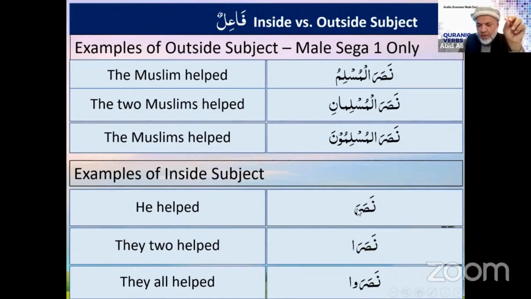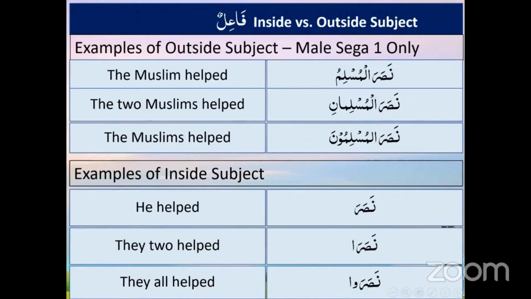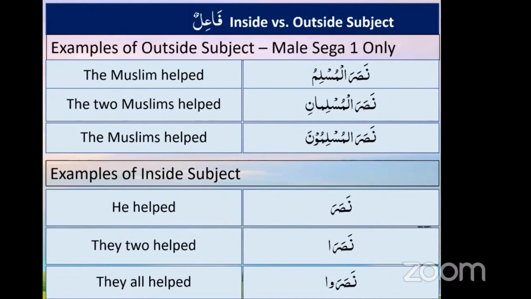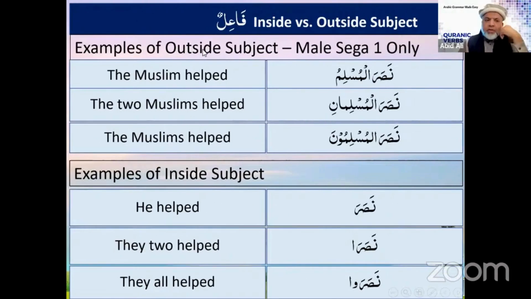Over here, it was Nasara, Nasara, Nasaru. You follow? Because I said Siga number 1 and Siga number 4 are the only times you will have an outside subject. The outside subject will come with Siga number 1 or Siga number 4.